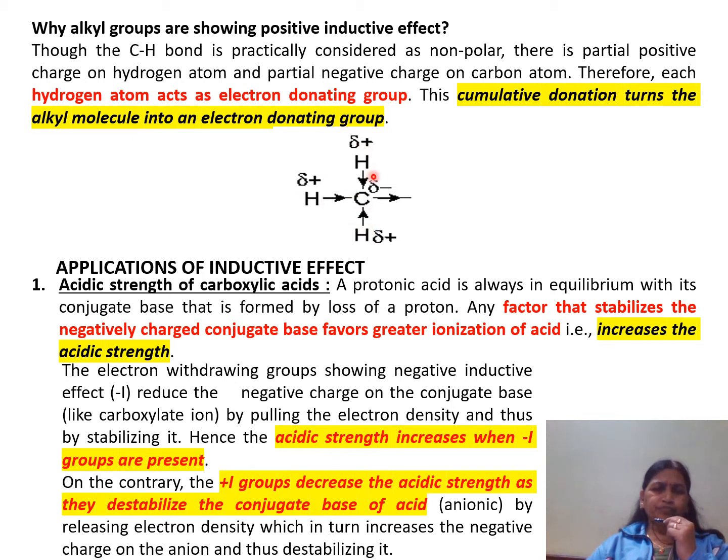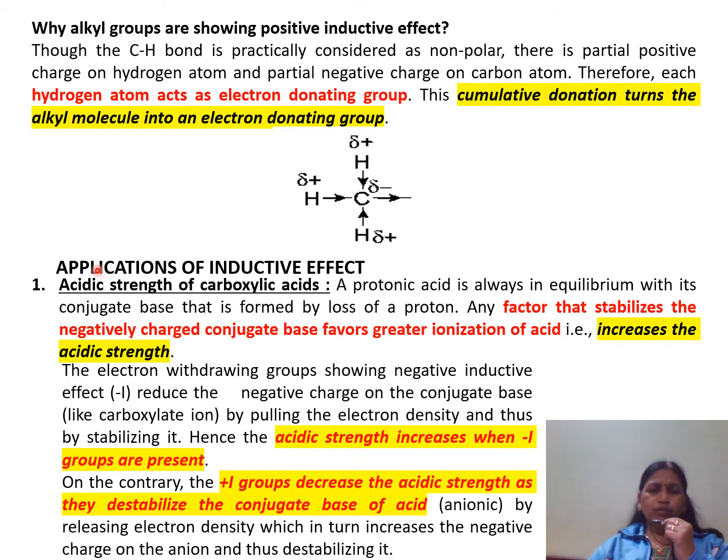Each hydrogen atom acts as an electron donating group. This cumulative donation turns the alkyl group into an electron donating group. It donates electrons towards carbon, and carbon acquires a partial negative charge, which it donates. So the alkyl group, the methyl group, is an electron donating group.